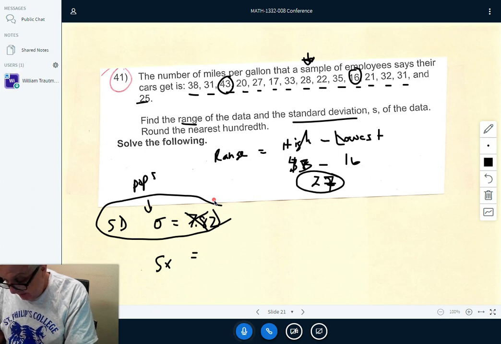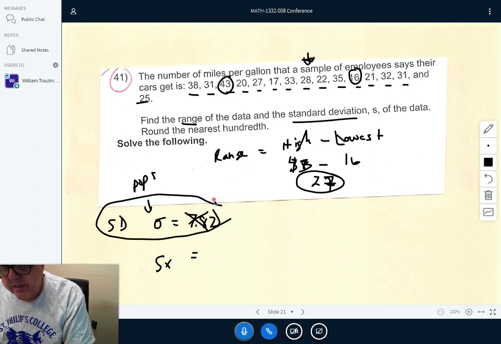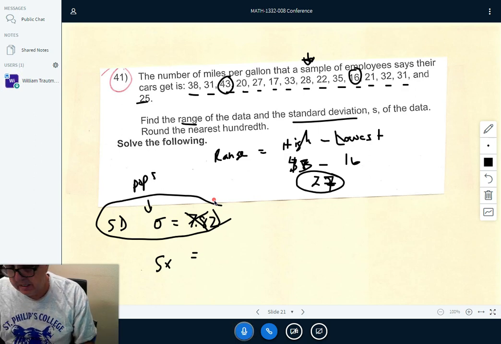So 38, 31, 43, 20, 27, 17, 33, 28, 22. Now when I go to second stat, number 1, I pushed the buttons too many times. I still have a data point wrong. Give me a second till I fix it.